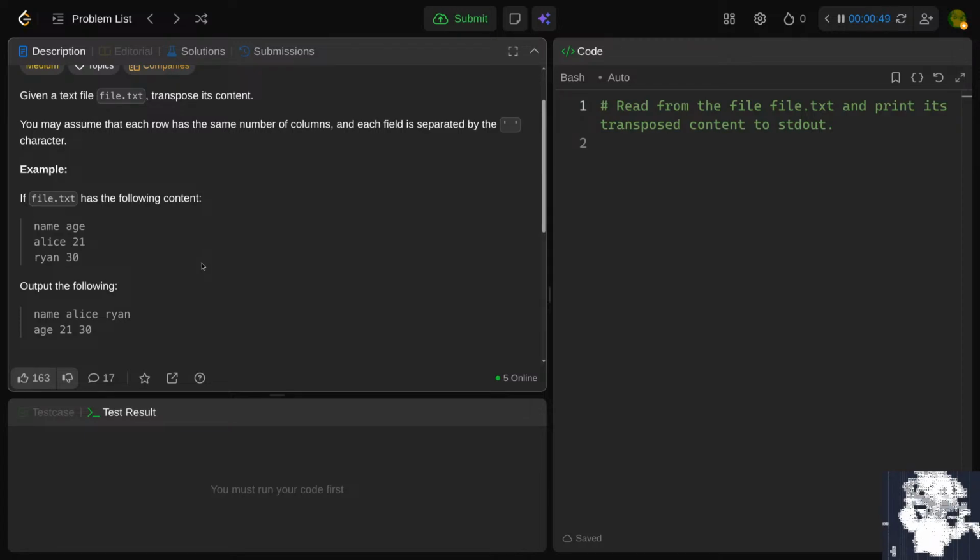So take the first word of each line, followed by the second word of each line, followed by the third word of each line. Okay. I can make successive regular expressions.